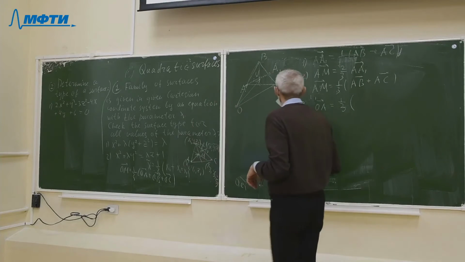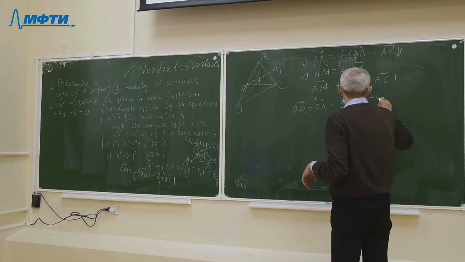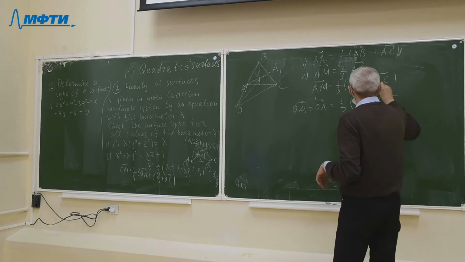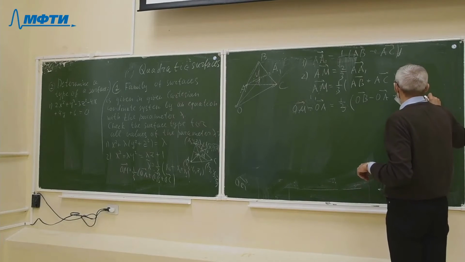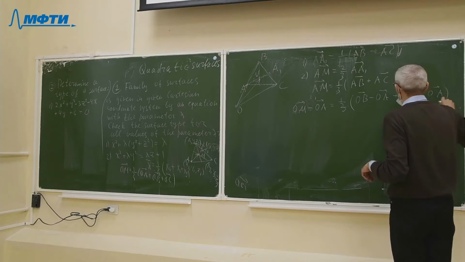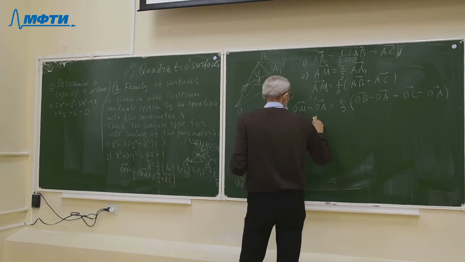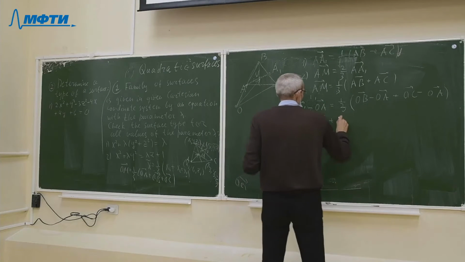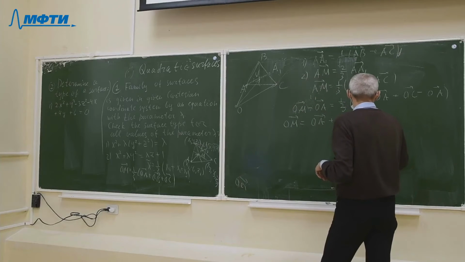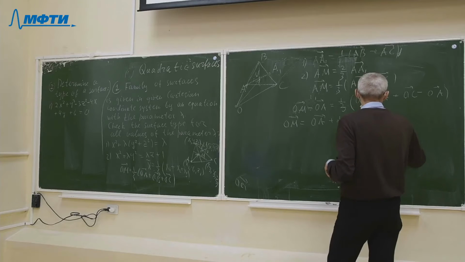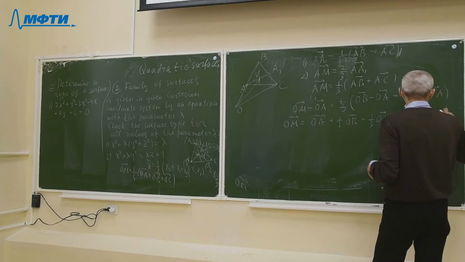AB is equal to the difference OB minus OA. AC is equal to OC minus OA. And we obtain that OM is equal to OA plus 1/3 OB minus 1/3 OA plus 1/3 OC minus 1/3 OA.